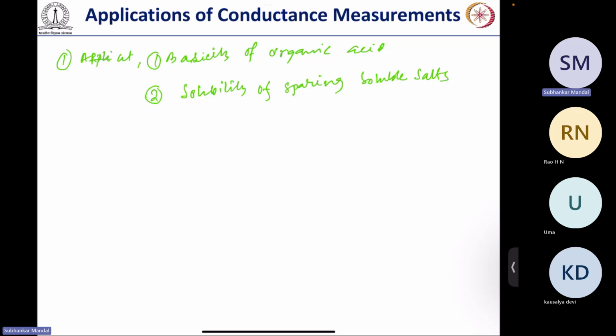Then ionic conductivity can also be obtained from conductivity measurement. Before that, we can discuss the solubility problem.